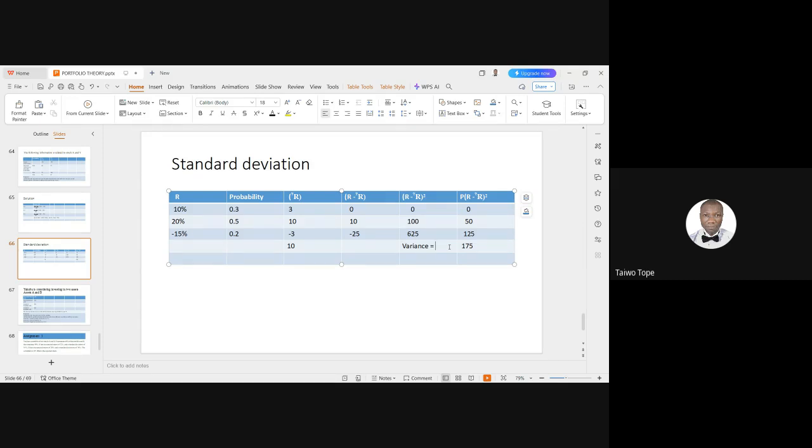So what will be your standard deviation? 13.23.